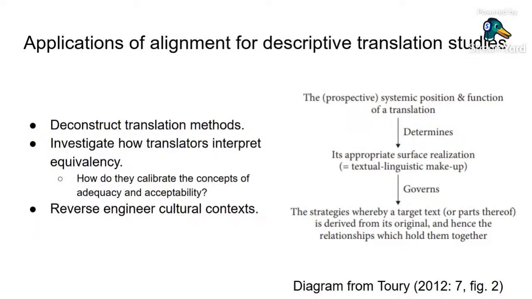Equivalence, as Chiara explained beautifully, is really a thorny concept because true equivalence generally doesn't exist, and really equivalence is based upon interpretation, which is necessarily subjective. So this means that every translator formulates their own version of equivalence, which in turn can give us insight into what their specific priorities are.